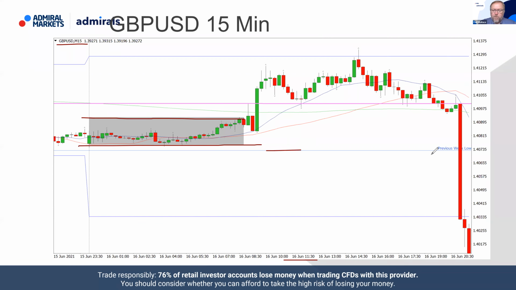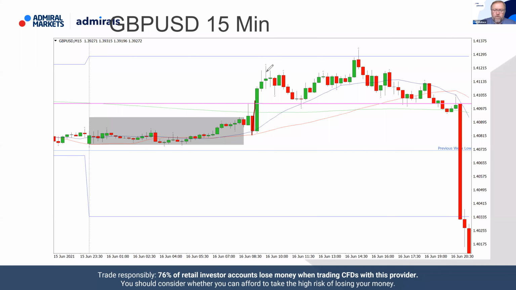You can see some of the blue levels here: previous week's low, previous day's high, and previous day's low there. We can see price breaks out of this Asian range and moves up quite nicely. Let me clear that a little bit, just to give you some context.